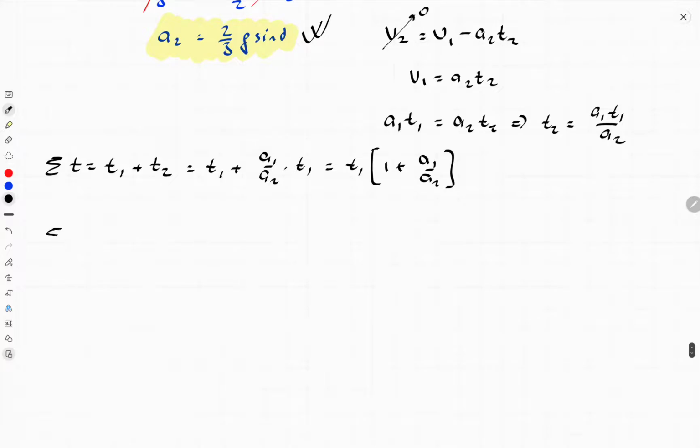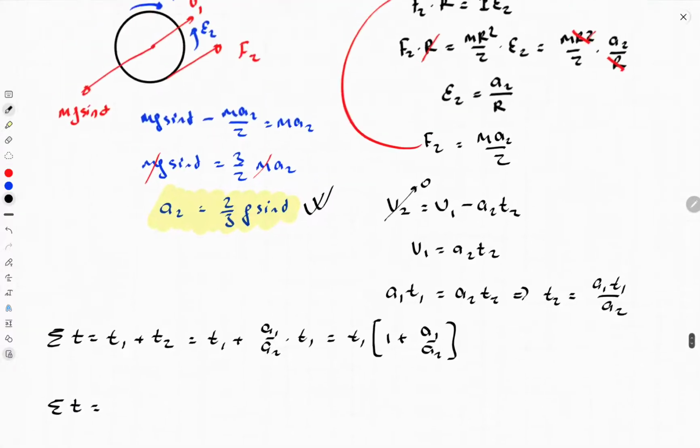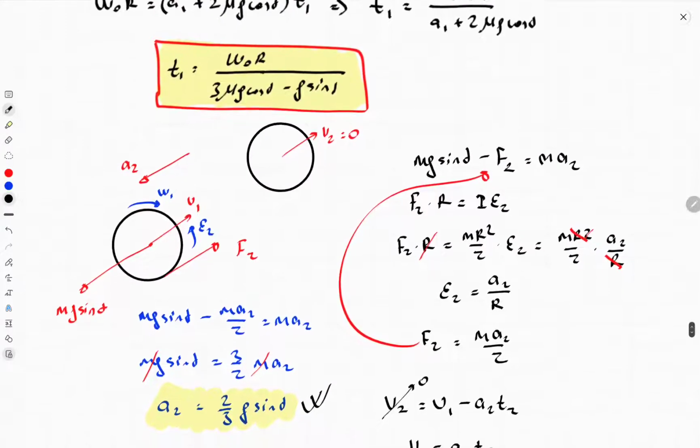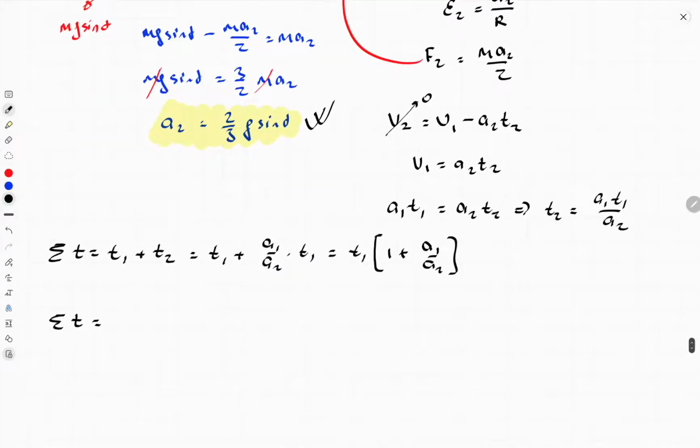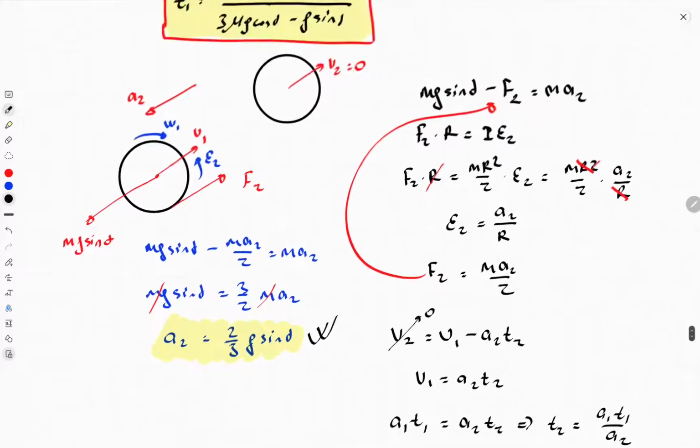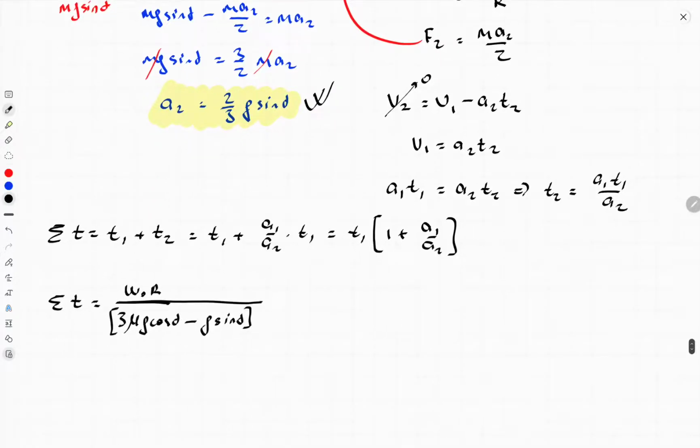I will continue. Total time equals t1, and t1 we already calculated, equal to this one: omega 0 r over 3 mu g cosine alpha minus g sine alpha. This is t1. Let me check again. Yes, this is t1.